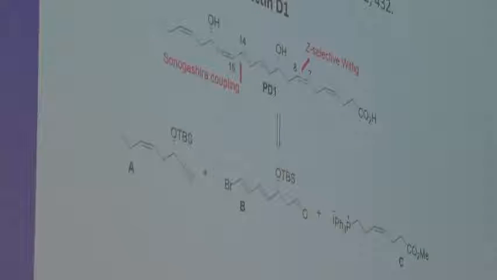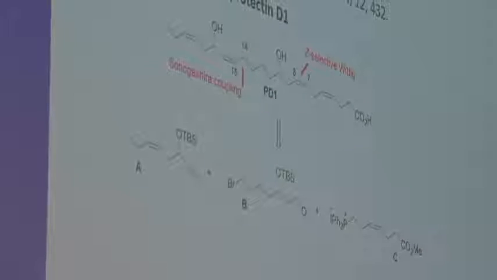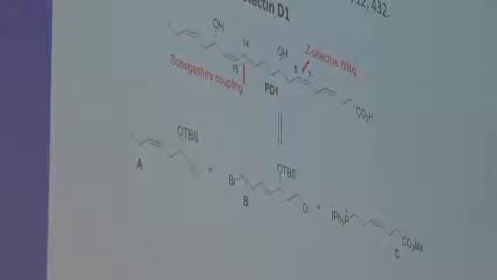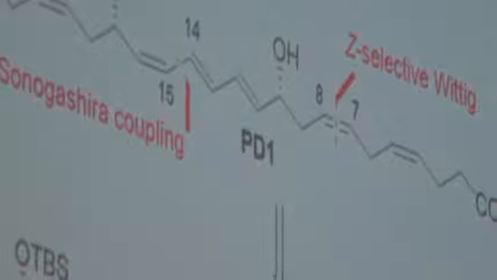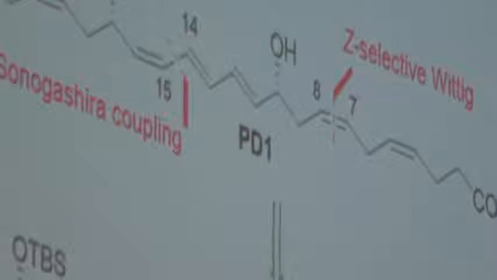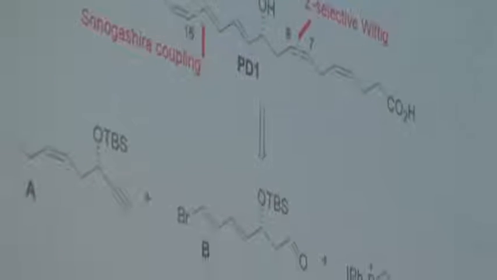The latter bond might be formed in a Sonogashira coupling between here and here. The C7 and C8 cis double bond might be obtained from a cis-selective Wittig reaction from this side and this side.